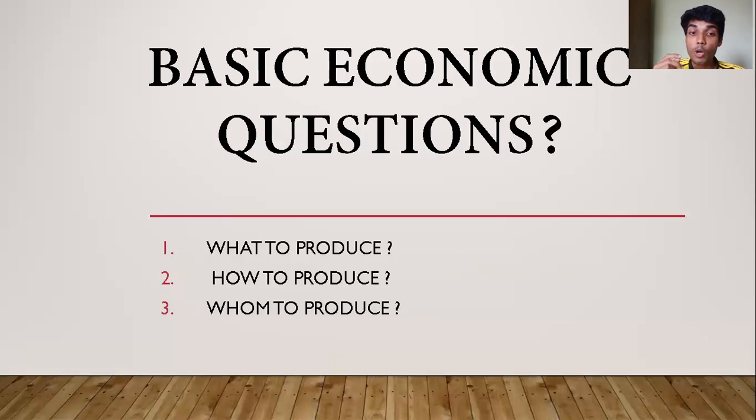So we should identify whom we are going to produce that product for. These three are the basic questions of economics: what to produce, how to produce, and whom to produce. You should memorize these three questions.